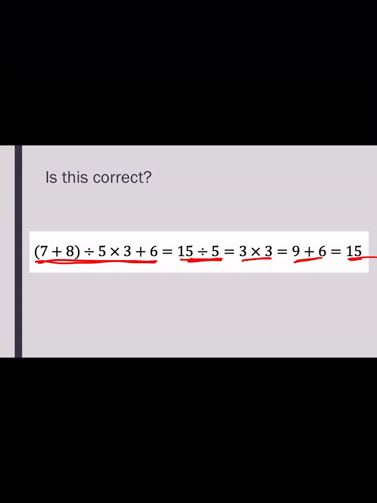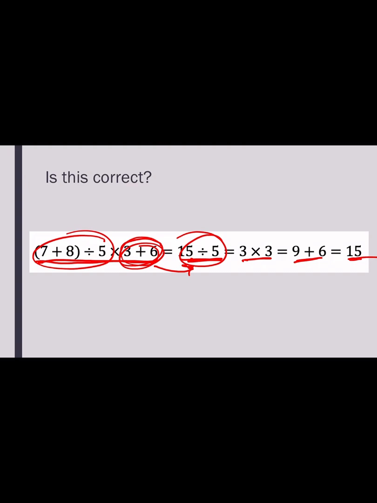And when we have 7 plus 8 divided by 5 times 3 plus 6, all that this part right here is, is this part right here. 7 plus 8 being 15, and then the 15 divided by 5. There is more going on here than is included in this part of the equation. And so therefore these are not equal in value.